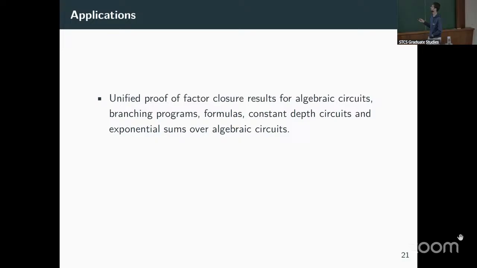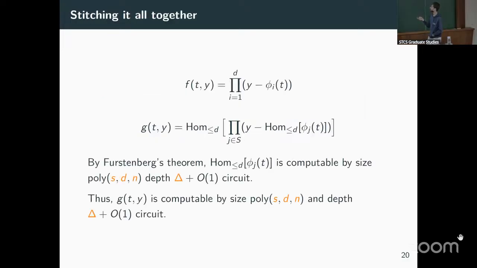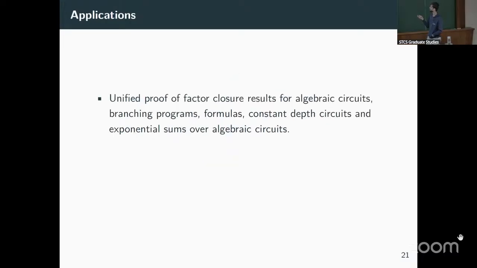Okay, I'll just conclude with some applications. This theorem was stated earlier for constant depth circuits and formulas, but it turns out that the same proof goes over for a lot of the other models also, like circuits, branching programs, formulas, constant depth circuits, and the class VNP, like exponential sums or algebraic circuits.